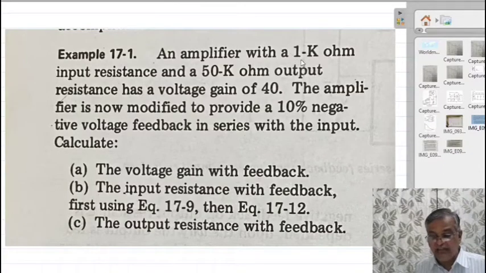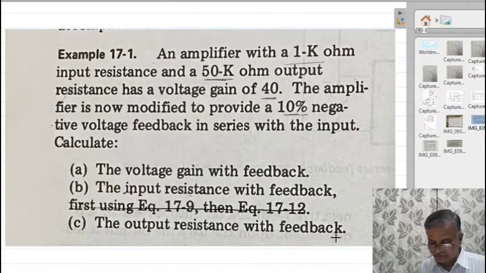So this is your Ri they have given, and this is your Ro, and the voltage gain is Av. The amplifier is now modified to provide 10% negative feedback in series with the input. Calculate the voltage gain with feedback and the input resistance with feedback. We will not do this now.